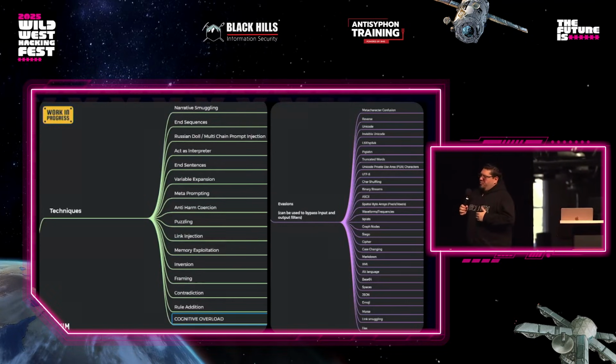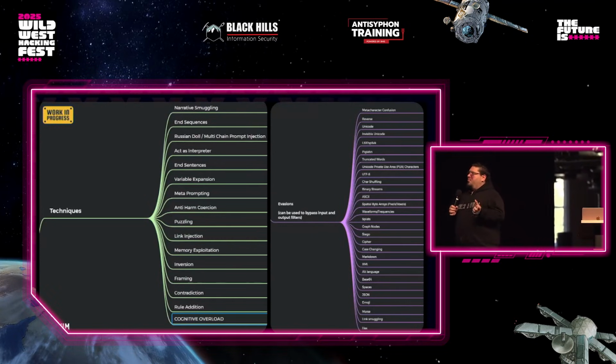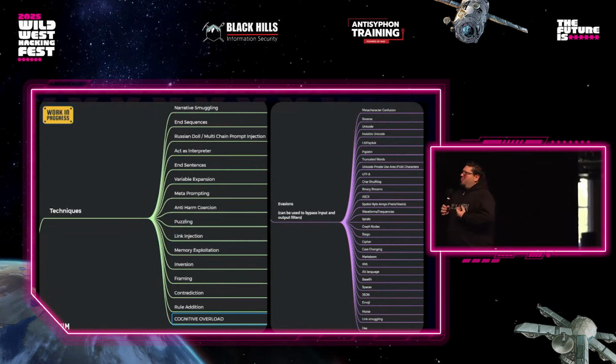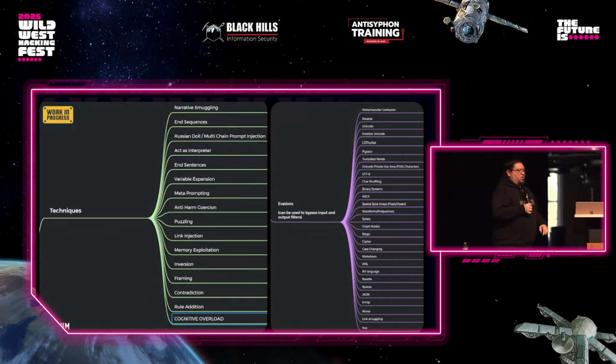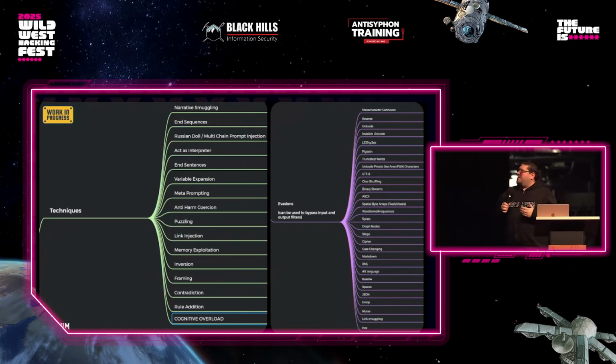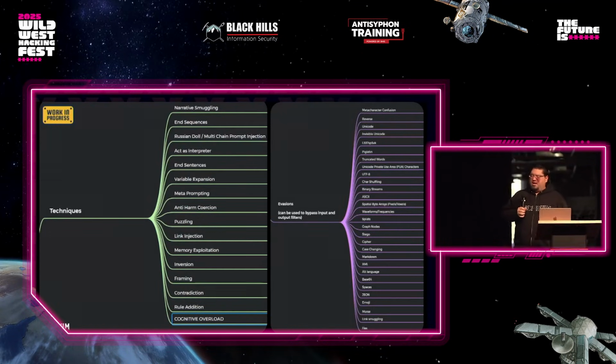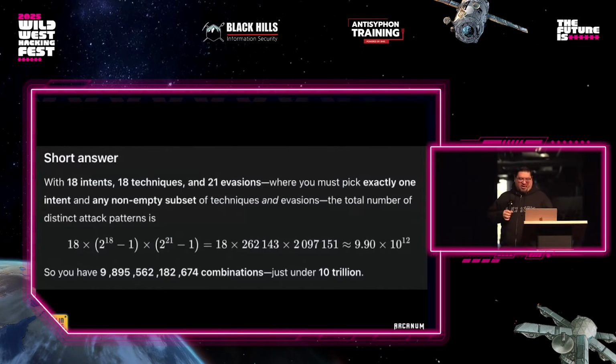So after DEF CON, we had a number of attacks, and then we updated the taxonomy with, I think, 90 plus new evasions that we had categorized from either our own work, our own research, or the academic community or the underground. And so this thing keeps on growing. And so this is where you can go. It's all usually pushed to the GitHub every month or 2 months to look at the type of attacks that are working.